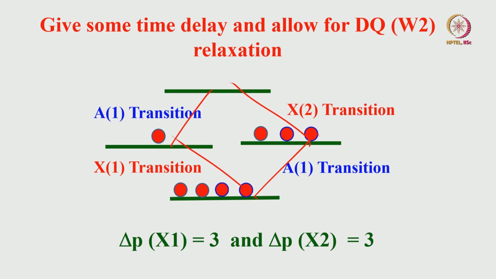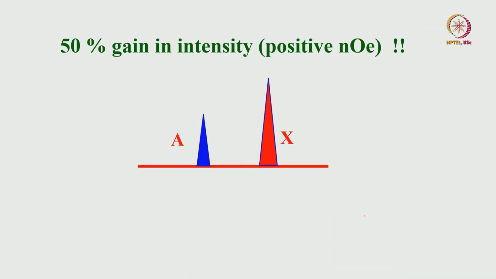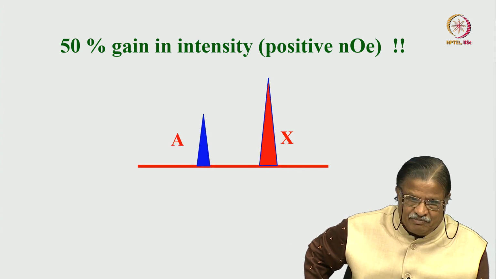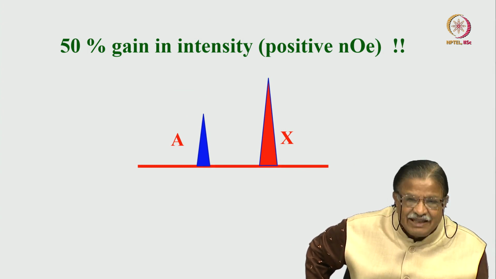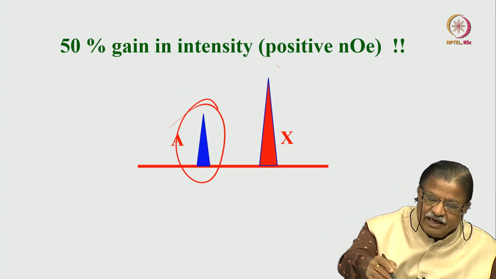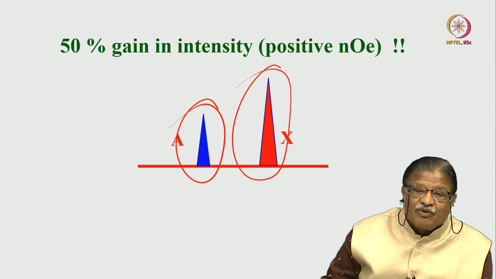The A transition is 1, whereas the X transition is 3. This is what happens when I allow the spins to come through the double quantum relaxation pathway. If I recalculate the intensities of A and X spin, A intensity is 1, X is 3. There is a 50% gain in the intensity for one of the peaks.